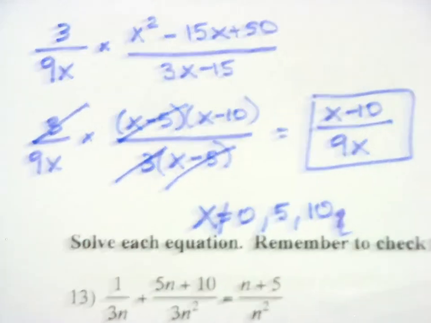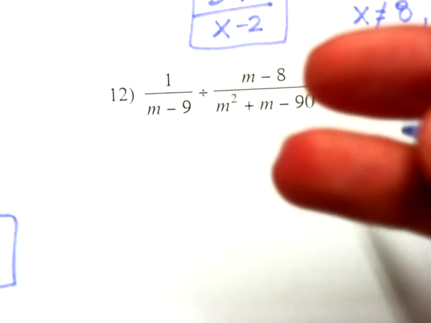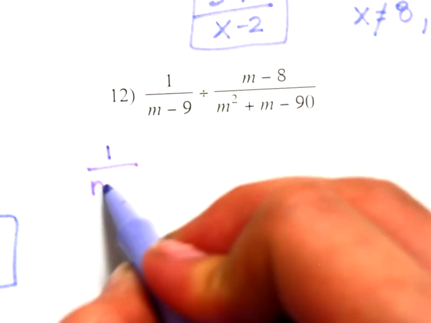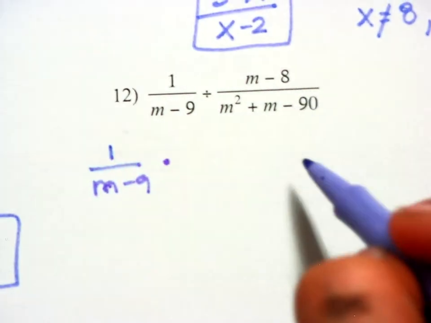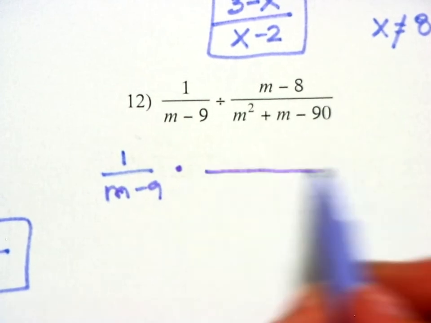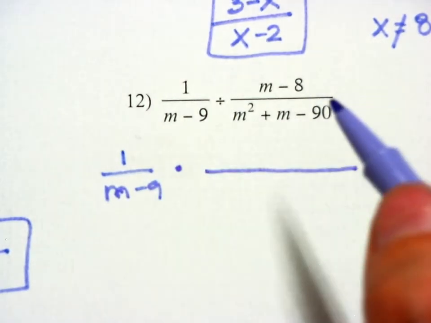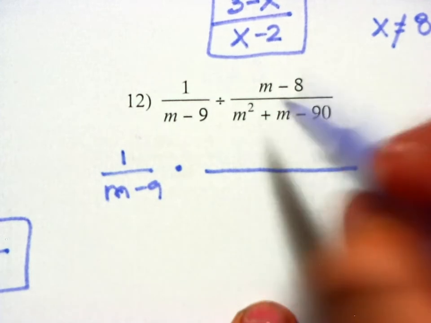Okay. Last one, division. Again, first step, let's flip the second rational expression. So 1 over m minus 9 times, and then when I flip it, I'm going to write it in its factored form. So I'm going to write this one as my numerator, but I'm going to factor it. So I need to think of numbers that multiply to 90 in order to get me to a positive 1, because this is like positive 1m.